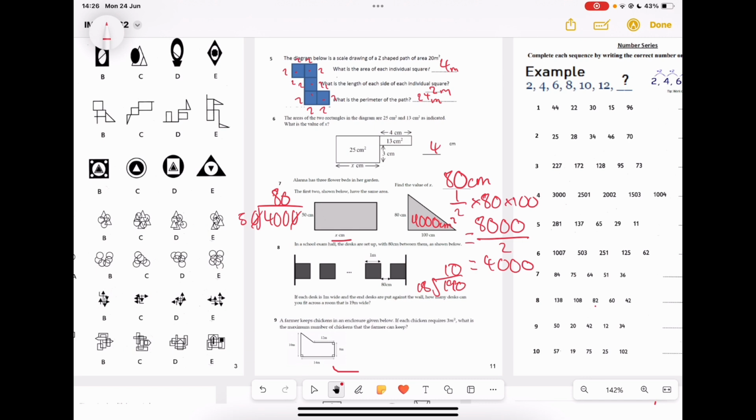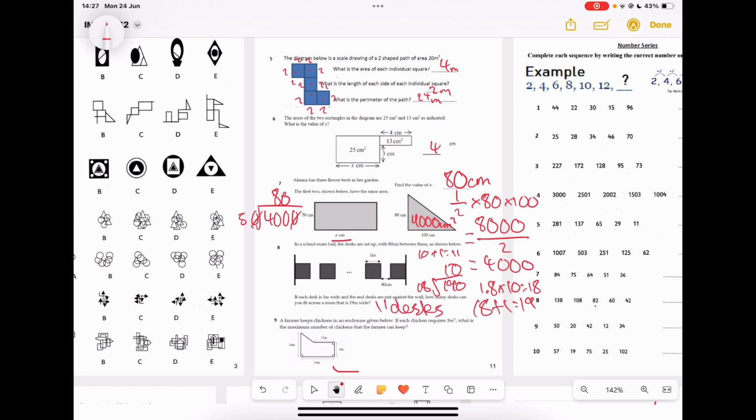Then what we can do is take the 1.8 and multiply by 10, which gives us 18. So because we have the extra gap at the end, we could also add another 1 until it becomes 19, which means that it'll be 10 plus 1 is our answer, which is 11 tables, so 11 desks.